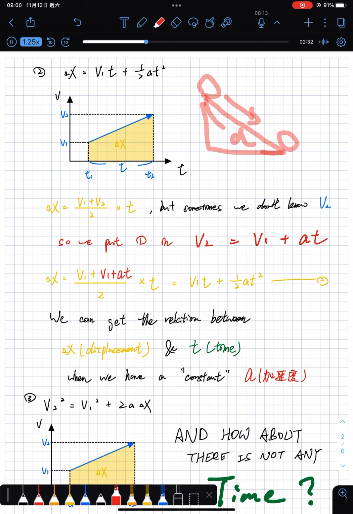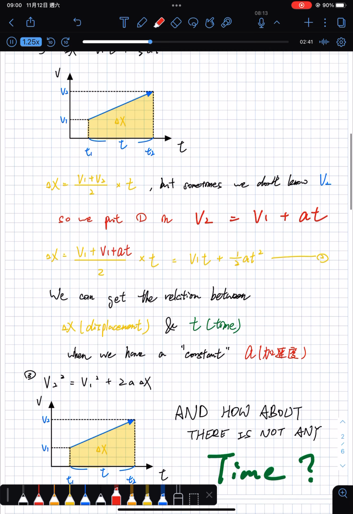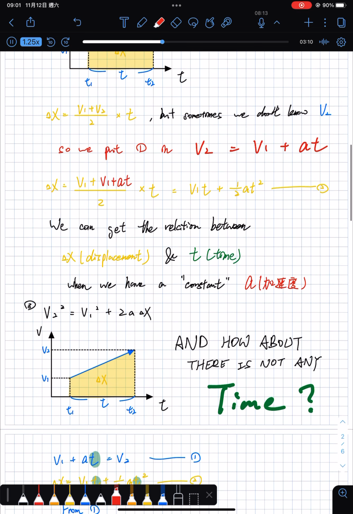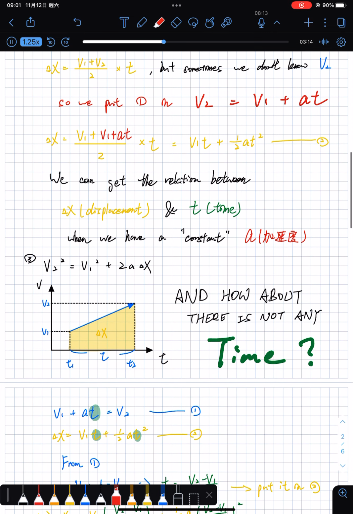We know the trapezoid formula is v1 plus v2 over 2 times t. But sometimes we don't know what v2 is, so we put formula 1, v2 equals v1 plus at, inside this v2. Then we can get delta x equals v1t plus 1 over 2 at squared.